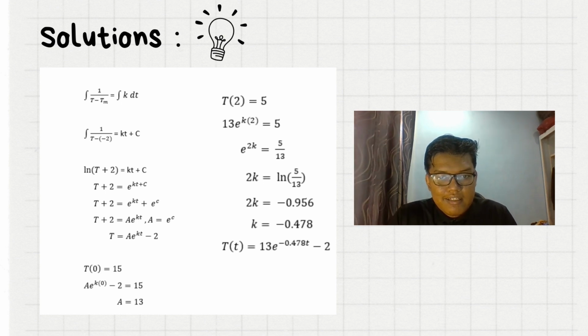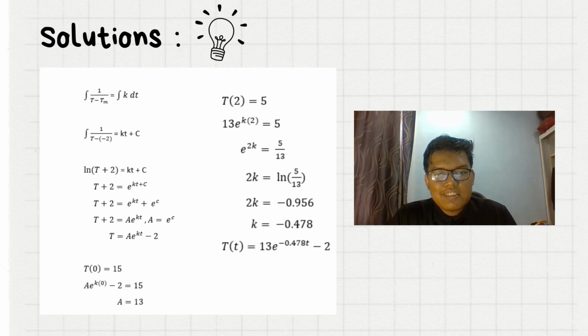Then we get the equation T equals A e^(kt) minus 2, and then we have to substitute with the initial problem.